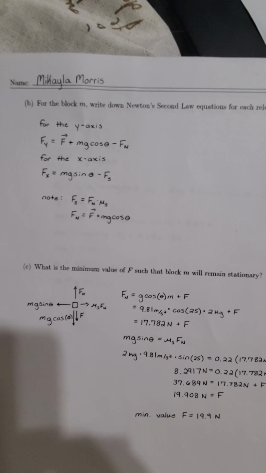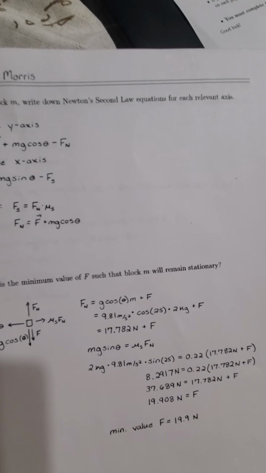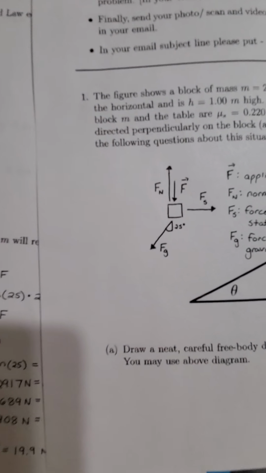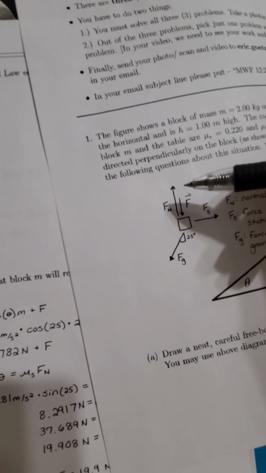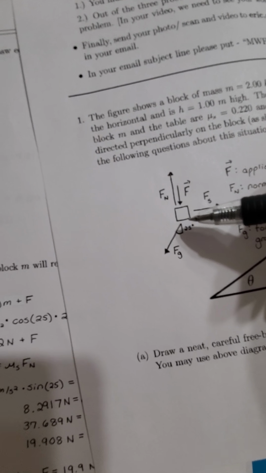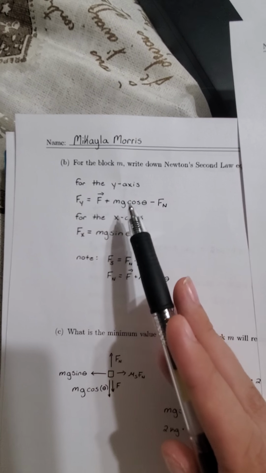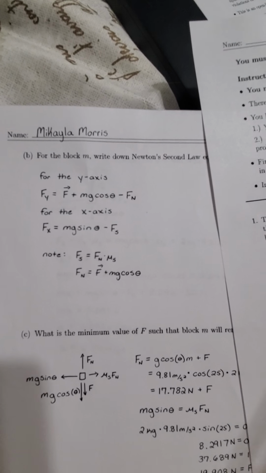Then the second question asks you to write down the Newton's second law equations for each relevant axis. And so going back to this diagram, I started with the y-axis, and I already kind of explained that. So to find the total force, you would just add up the cosine of this angle times the force of gravity, which I have here, and the force of gravity is mass times gravity, of course.